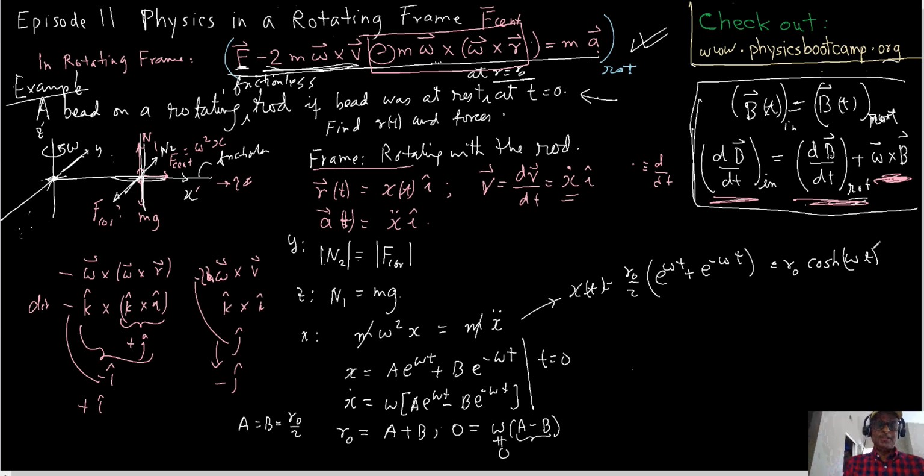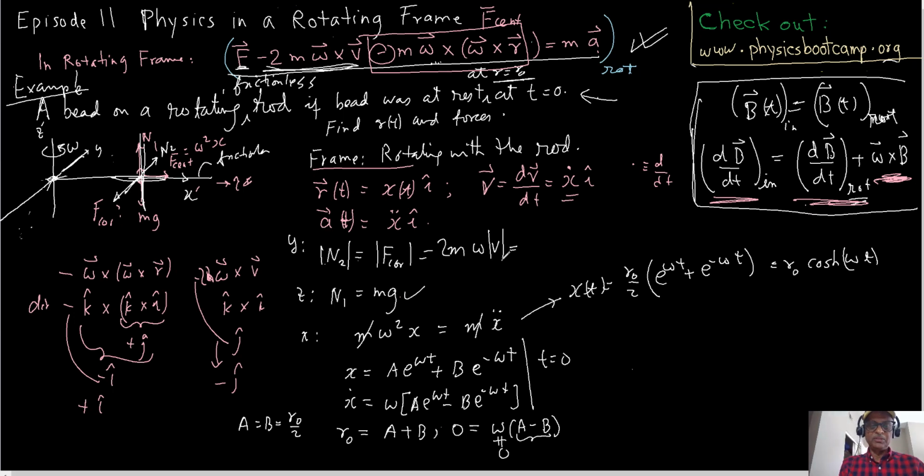Okay. N1 we already got. N2 is the Coriolis force, whose magnitude becomes 2 times m omega times v. Omega is along the z-axis and v is in the xy plane, so there's no sine theta there. And the magnitude of v is x dot.